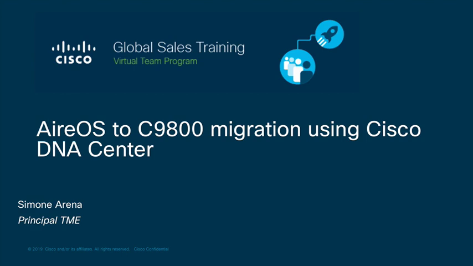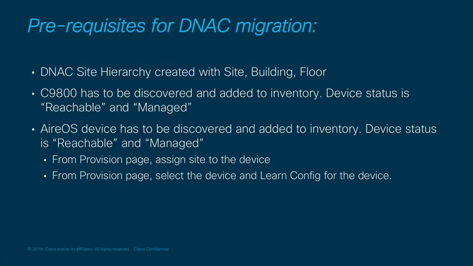First of all, we need some prerequisites in order to support this migration with DNAC. You need to have already created a site hierarchy for your site, your building, and your floors, that you want to use with the new 9800. Also, the 9800 has to be discovered, added to the inventory, and be in a reachable and managed state.